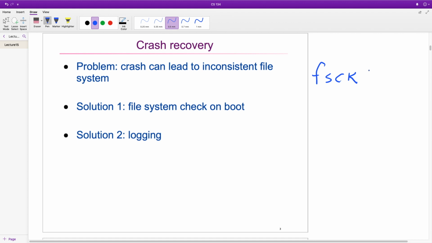And so it got to where that would take hours. So if you crash, if you lose power, there's a power blip, let's say, and it goes off and comes back on, then we'll wait 2 or 3 hours to check the file system before we actually get to use it. So that was considered not so fun. And so another solution, and the solution we're going to look at, is logging.